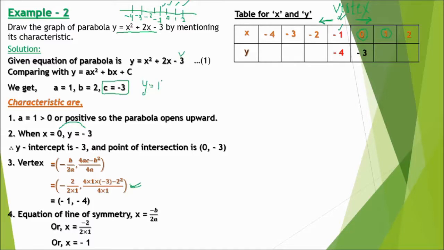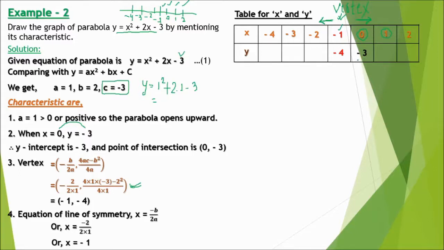It is 1 square plus 2 times 1 minus 3. Okay, sorry, I made one mistake.